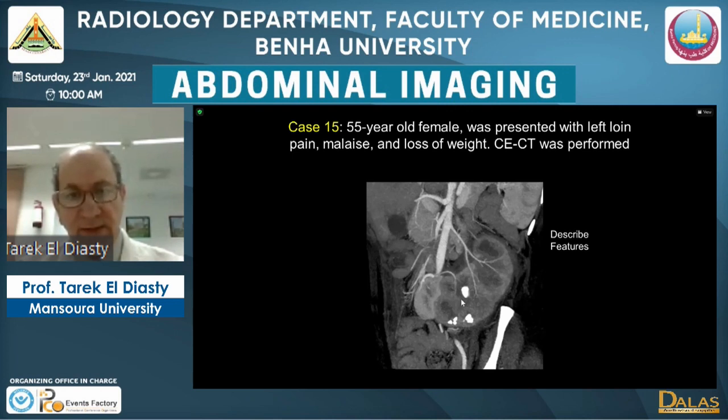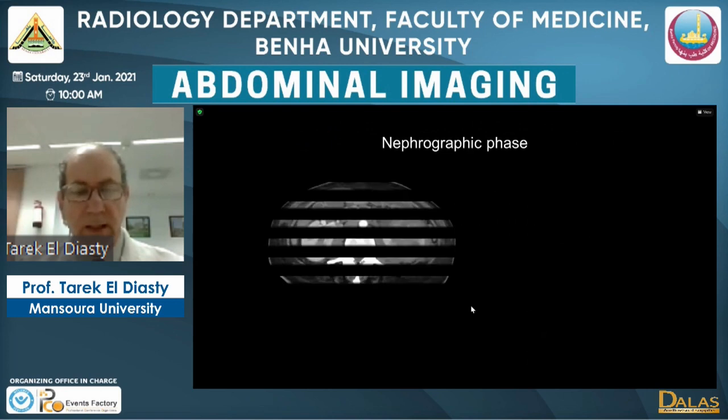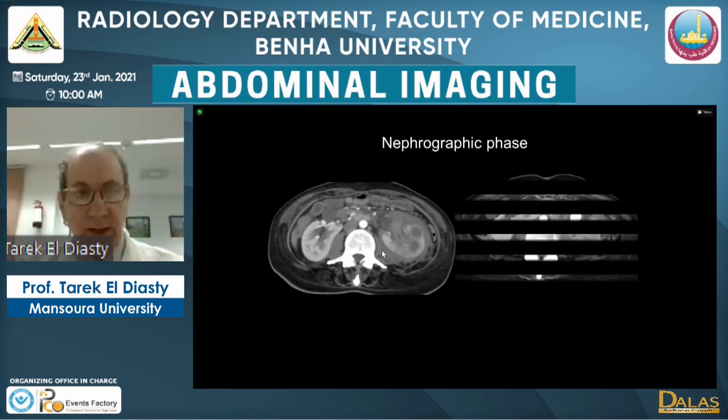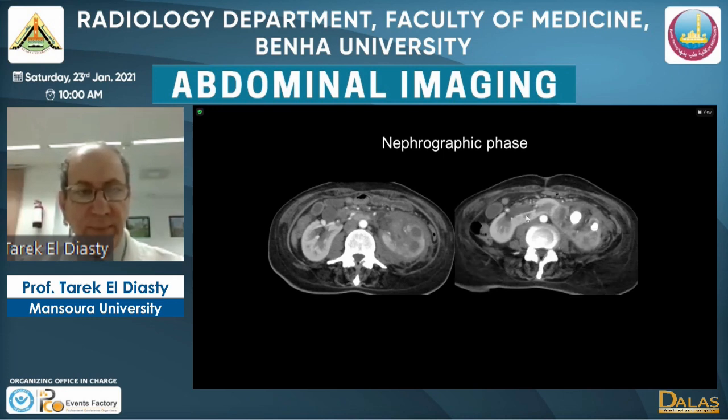But here the aneurysm is excluded, as it has no direct relation to the vessel, and it is more dense than the vascular structure. So it should be stones. And this pattern of the kidney in the nephrographic phase shows minimal enhancement compared to the normal kidney, and this is evidence of horseshoe kidney.